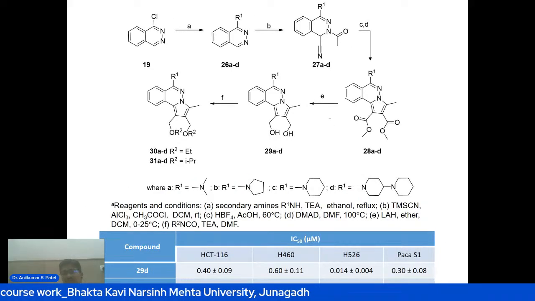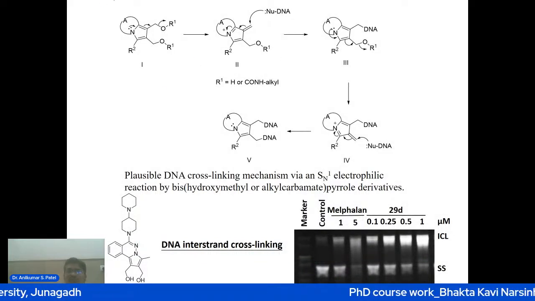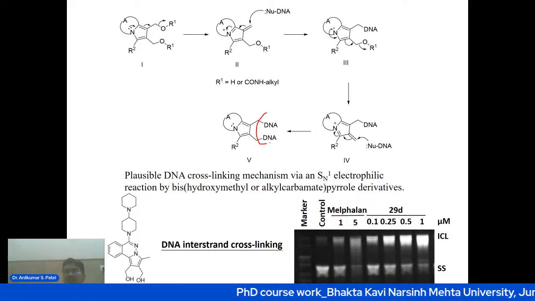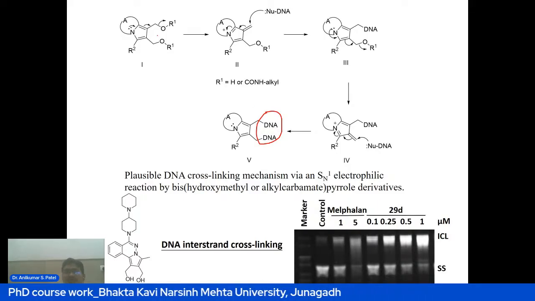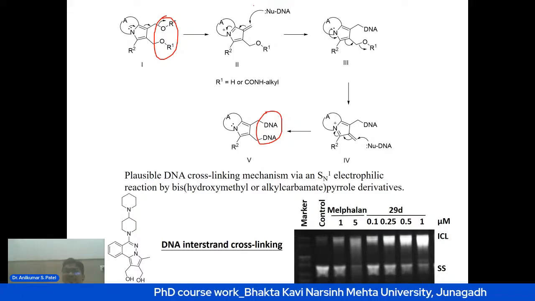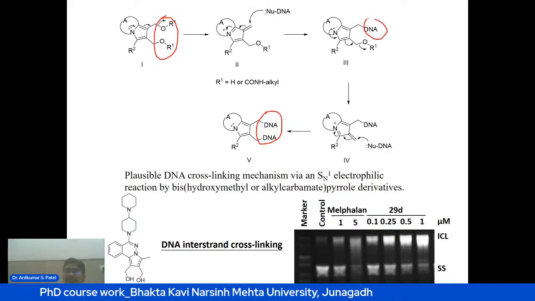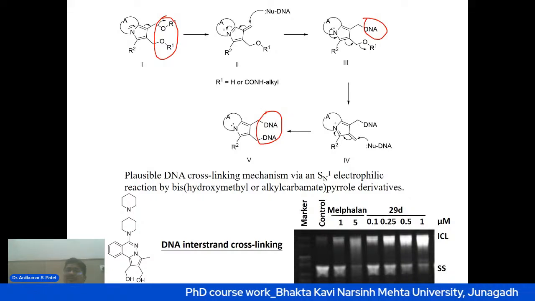After that we checked how it can interact interstrand or intrastrand with DNA. This is a mechanism which we have already seen earlier: when these types of hydroxy groups or carbamate groups interact with a nucleophile such as DNA, they can produce single-strand DNA linking as well as double-strand DNA cross-linking.